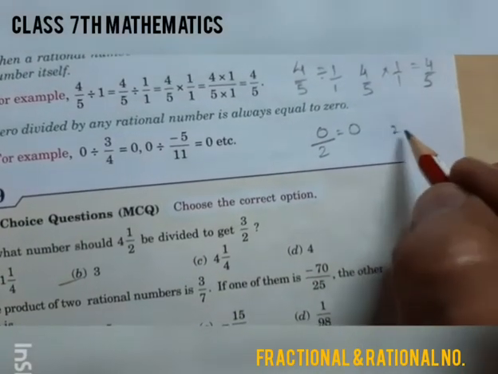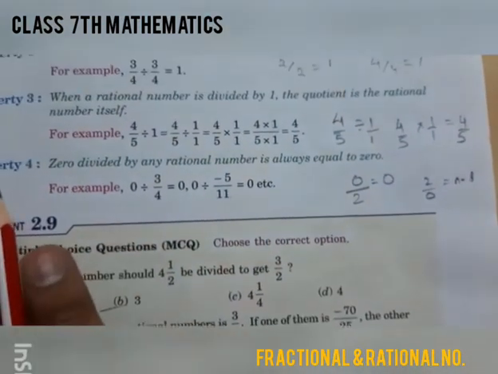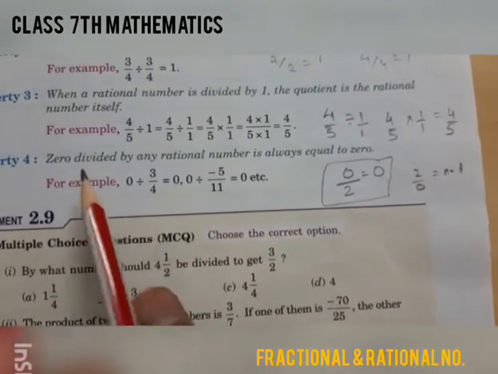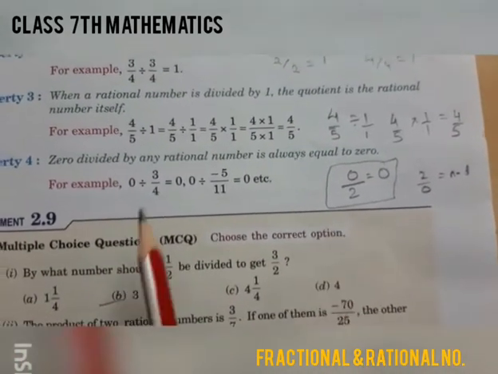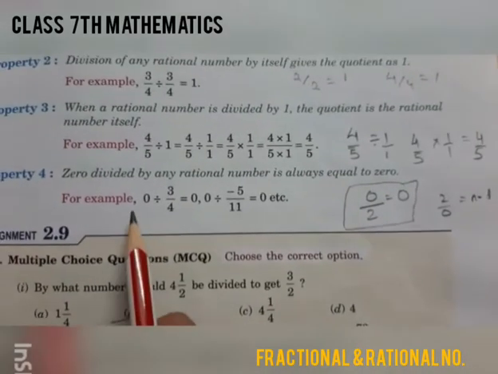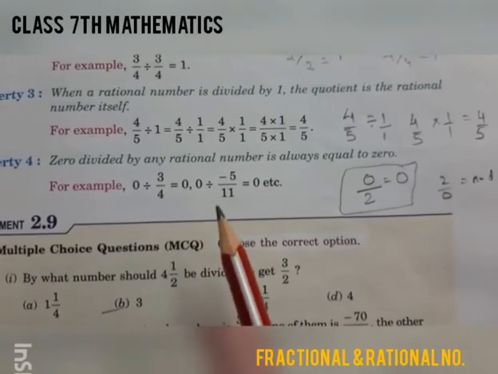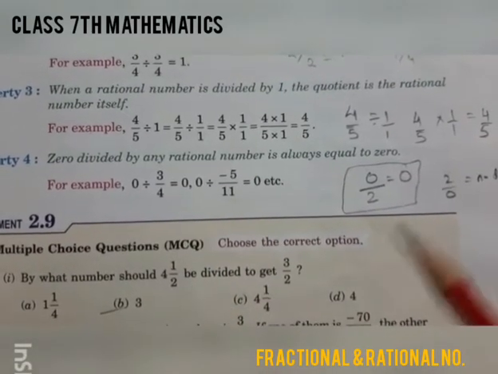Any number means if 2 is divided by 0, the result will be not defined. According to the property, it is focusing on this concept, that 0 divided by any rational number is always equal to 0. This we have already discussed, and here is an example also, 0 divided by 3 by 4, the result will be 0. Why? Because 0 divided by any number, the result comes 0.